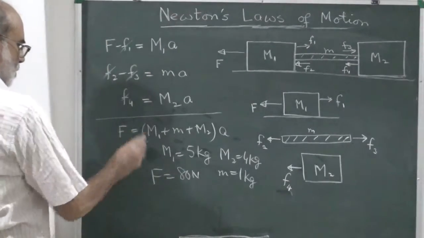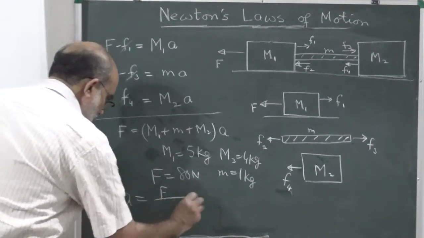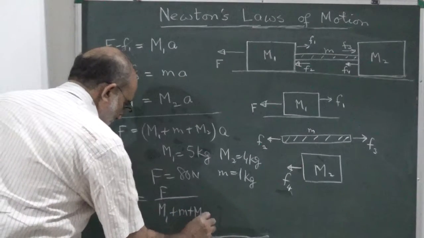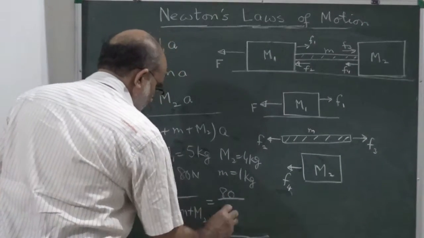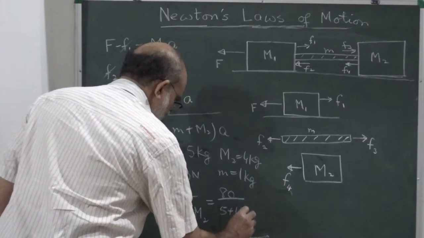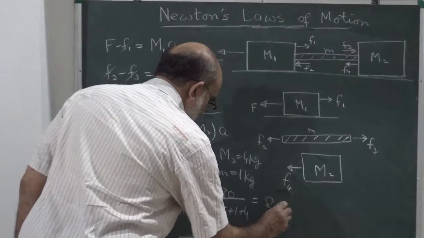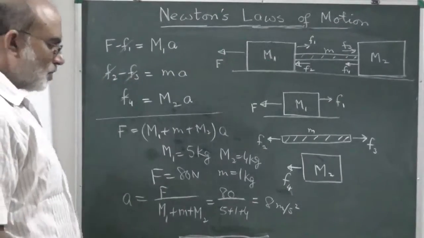If you substitute the values here, the acceleration is F by M1 plus m plus M2, which is 80 by 5 plus 1 plus 4, that is 8 meter per second square. So the acceleration comes out to be 8 meter per second square.